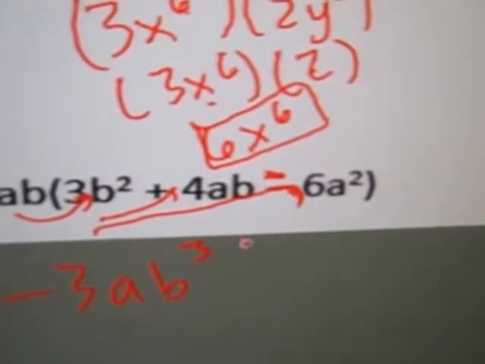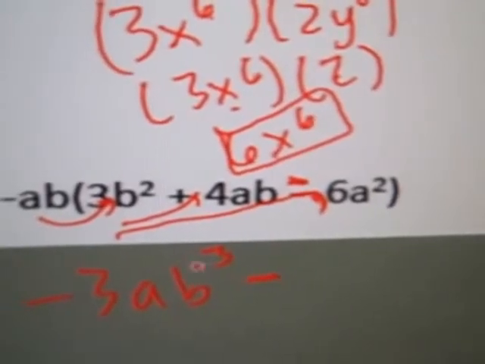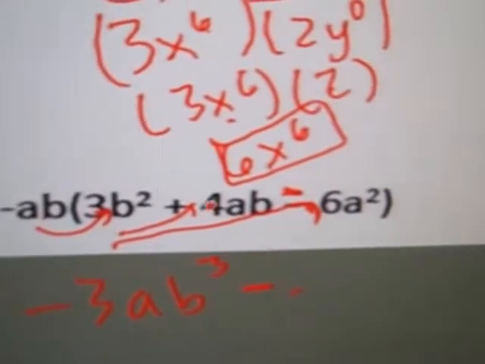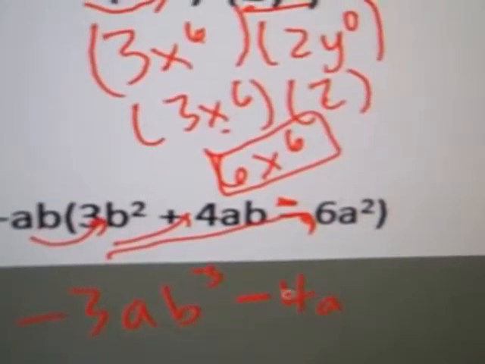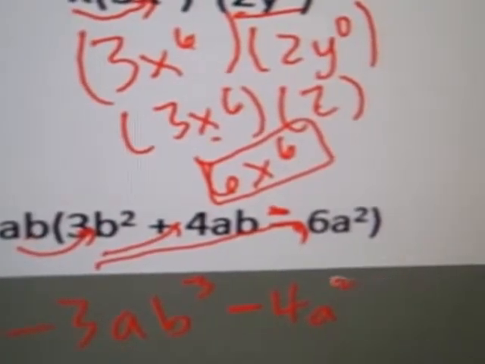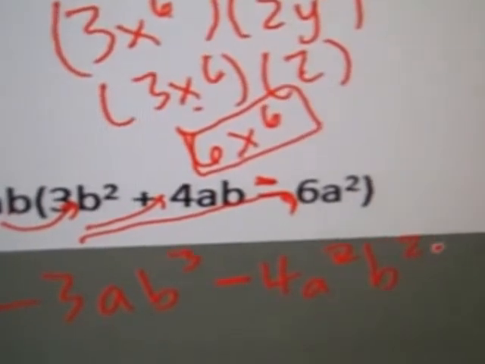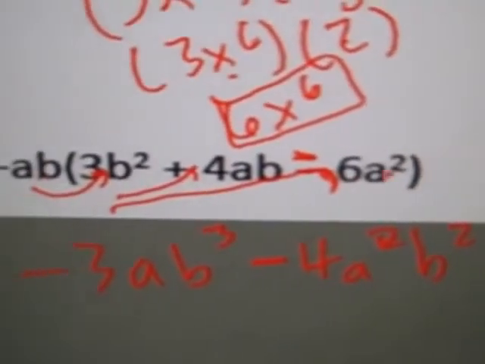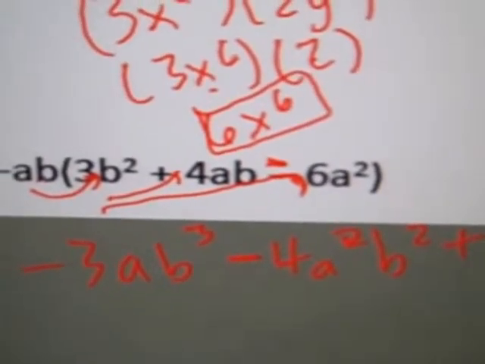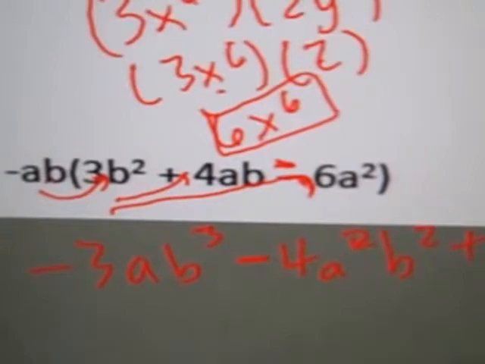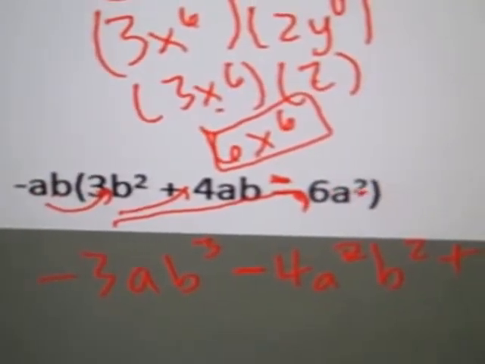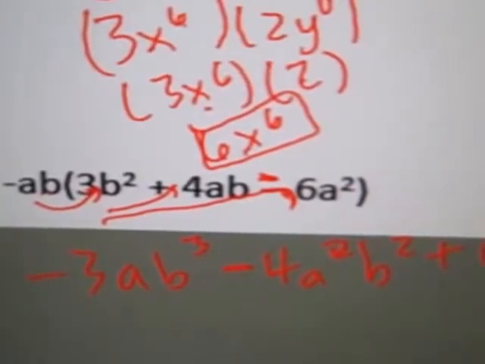And continuing on, the next term is going to be negative as well. A times a squared, but there's a 4 in front, I must include that 4. 4 first, then a squared, and then the b times b is b squared. And last term, negative times a negative will be a positive, and then the coefficient or the number in front of the variable or variables is 6, and then a times a squared is a cubed, because 1 plus 2 is 3.